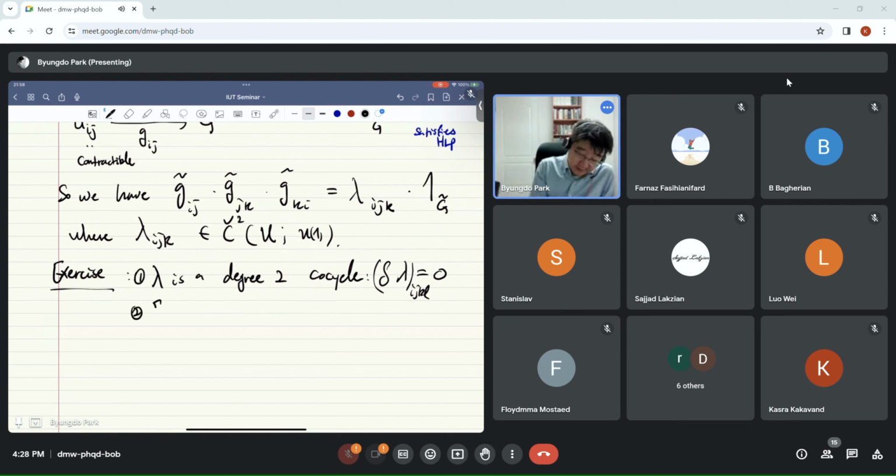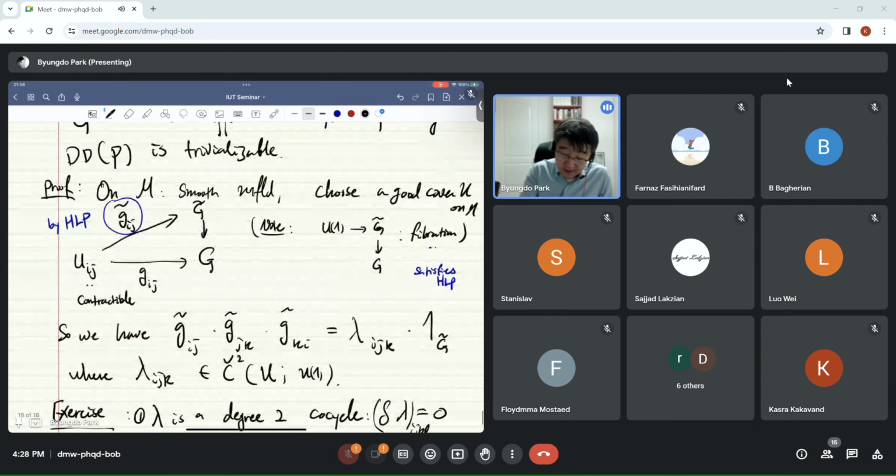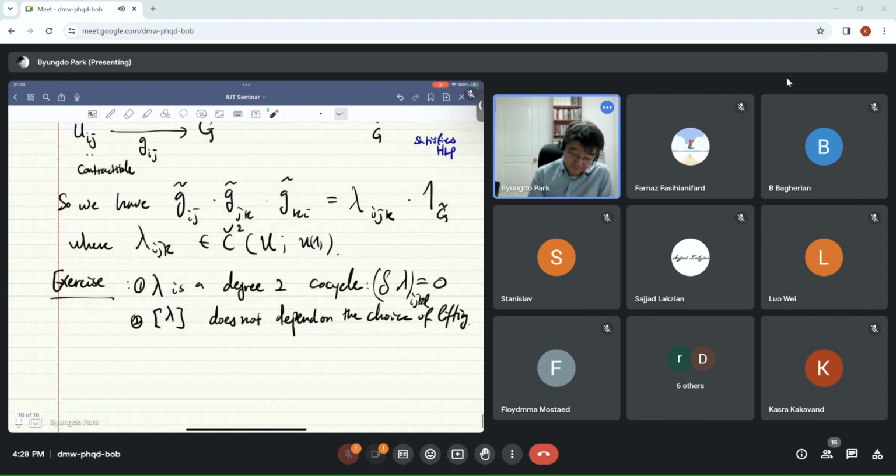Second, this Čech cohomology class lambda does not depend on the choice of lifting, because HLP doesn't say that this lifting is unique. So you might take a different lifting, but it doesn't matter.